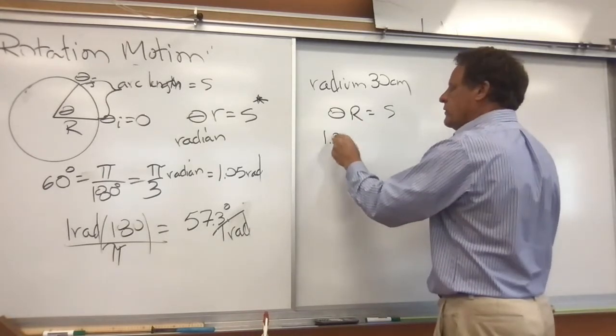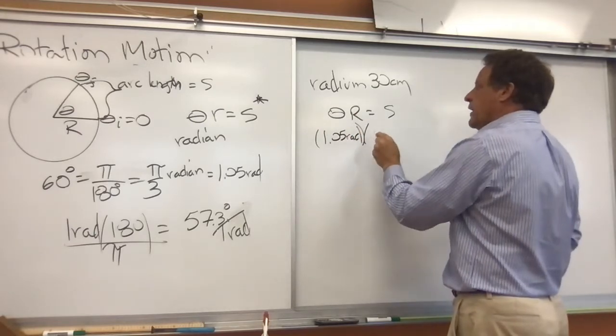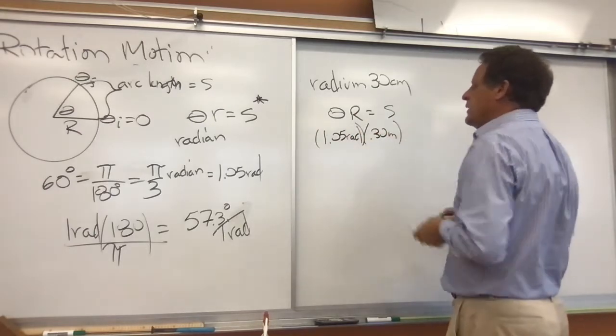We'd put in 1.05 radians and multiply that by 0.30 meters.